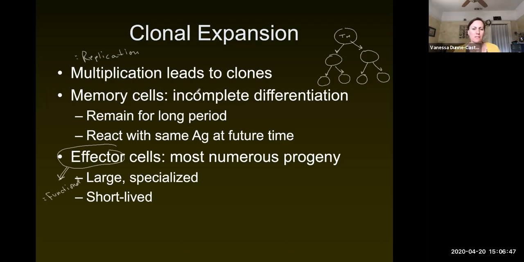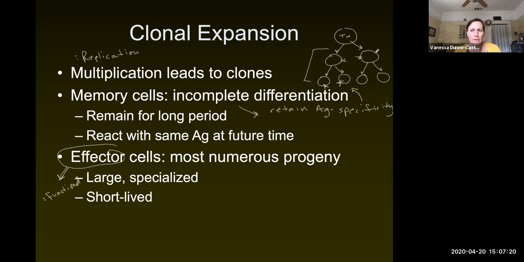Versus memory cells, these ones are incompletely differentiated, so they still retain the same antigen specificity. Actually, that's important for all of these. For every single type of cell that's produced from this original cell, all of these things have the same antigen specificity. All of them do, right? That means that all of them have the same exact T cell receptor as the original cell did in the first place.